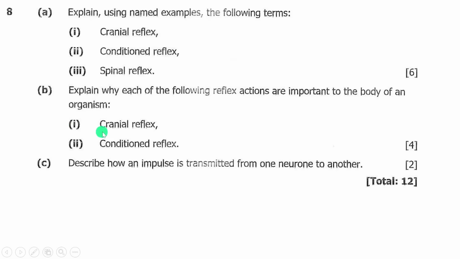Then part 1 says the cranial reflex, then part 2 conditioned reflex. Then part C, describe how an impulse is transmitted from one neuron to another. So we'll start by answering the first one here.